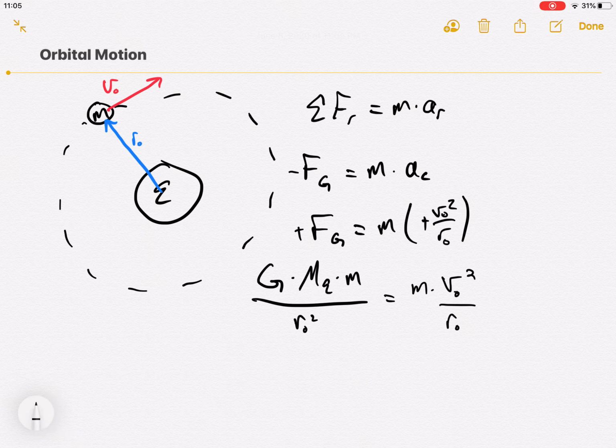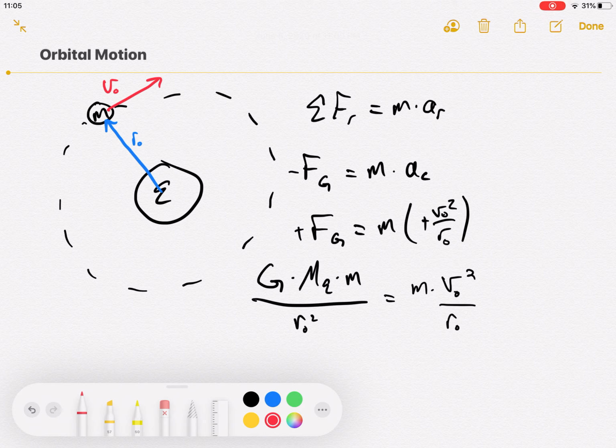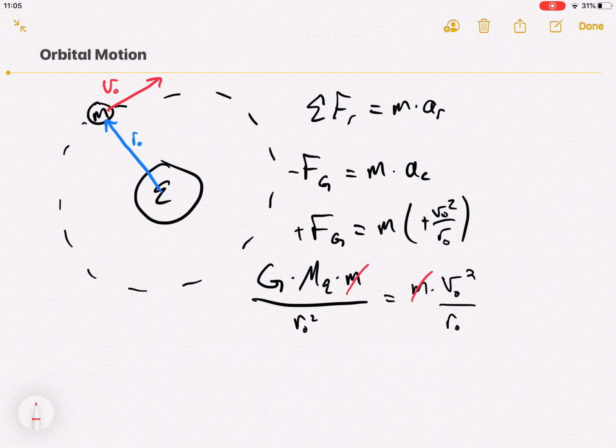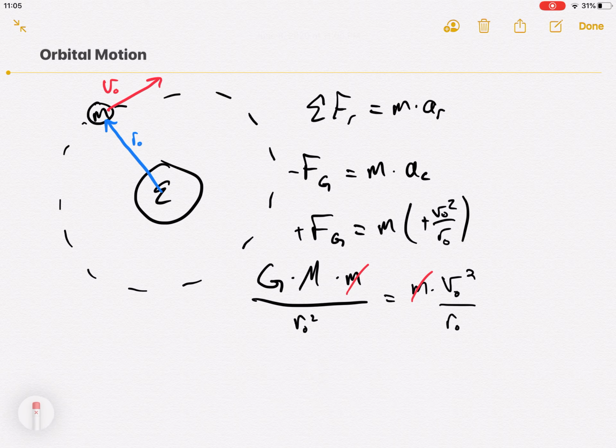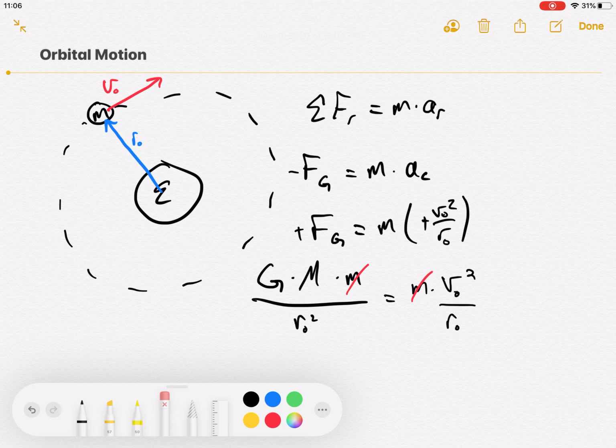Okay, so we see, as happens often, the mass of the orbiting thing goes away, and what we're left with is G, M, v, and the orbital radius.